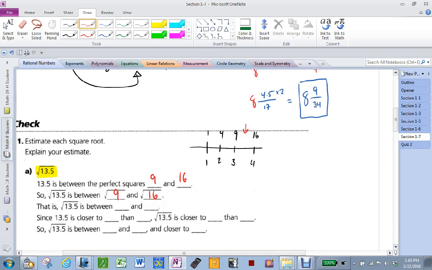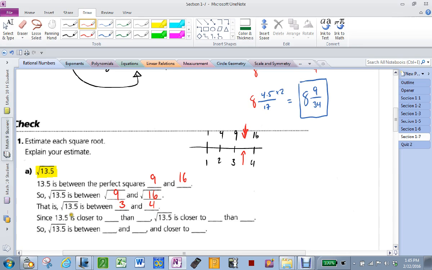That makes sense, right? Because if my square lives up here, my root must live right below it. Now, that means the square root of 13.5 must be between 3 and 4. Is everyone okay with that part?